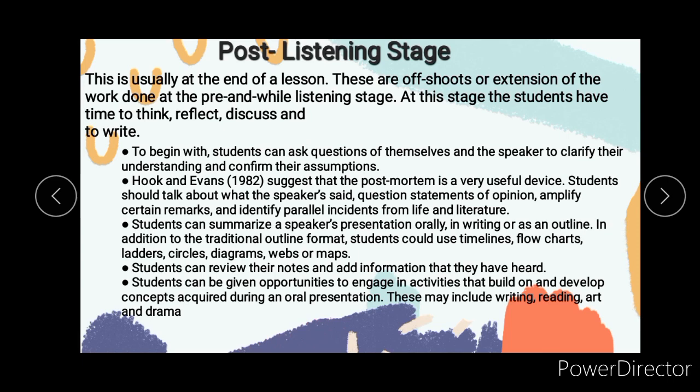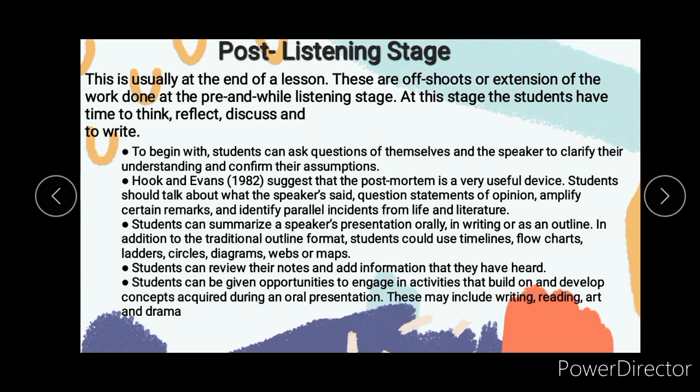Another one is that students can summarize a speaker's presentation orally, in writing, or as an outline. In addition to the traditional outline format, students could use timelines, flowcharts, ladders, circles, diagrams, webs, or maps.